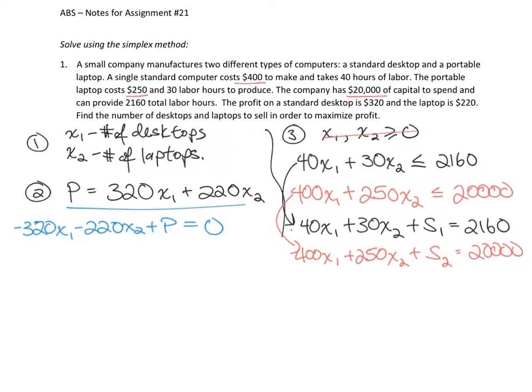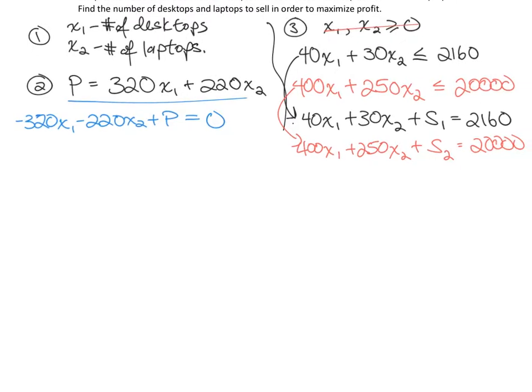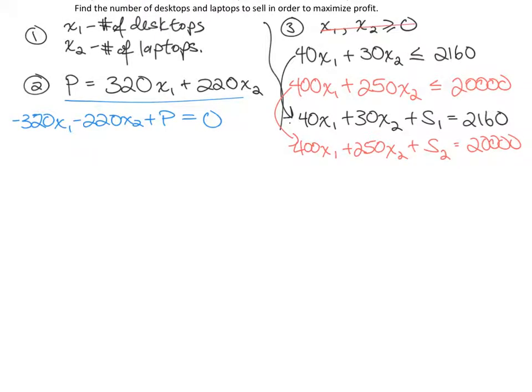And from here, we can just go ahead and set up the Simplex Tableau, the matrix. So again, we always want to start with the s sub 1 equation first. So we'll have a matrix here with a column x sub 1, x sub 2, s sub 1, s sub 2, p. And the equation here is 40x sub 1, 30x sub 2, 1 s sub 1, 0, 0, 2160.